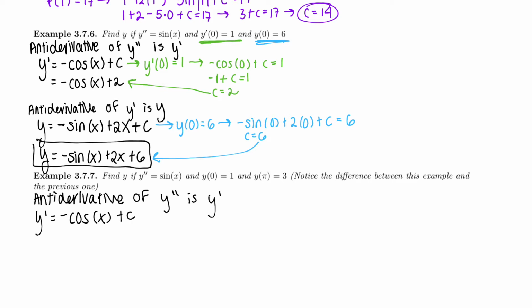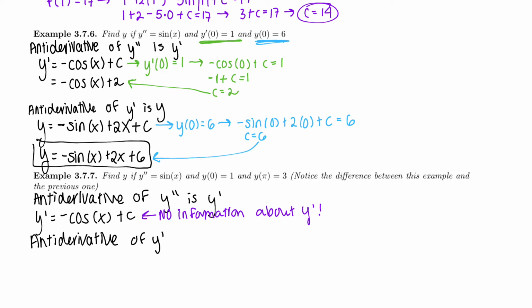And then you're adding that constant on. Once again, to repeat myself, we don't have any information about y prime, so we cannot solve for this constant down here. So we're just going to have to go the next step of finding the next antiderivative, which will give us y.